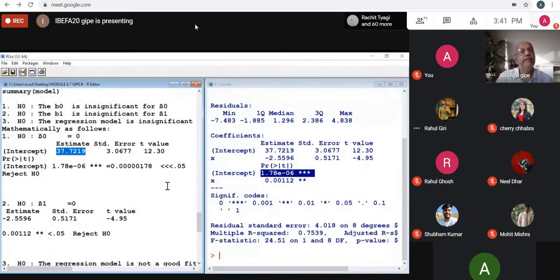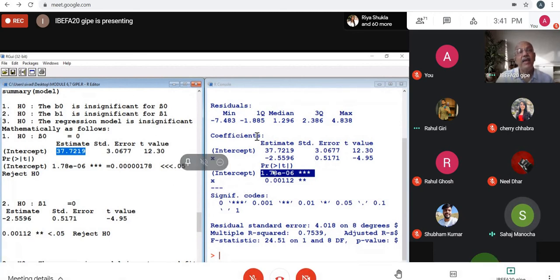Sir, need more clarity on this. We are rejecting H naught. B naught is insignificant for beta naught. Correct? So what is the meaning? It's the opposite. B naught is significant.